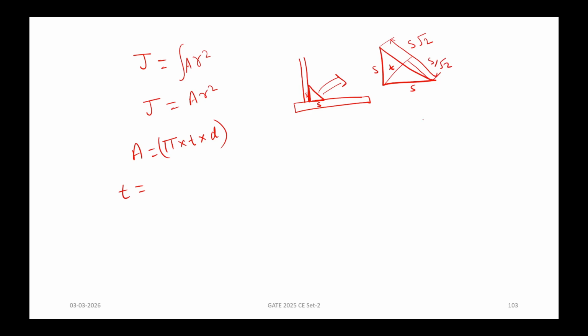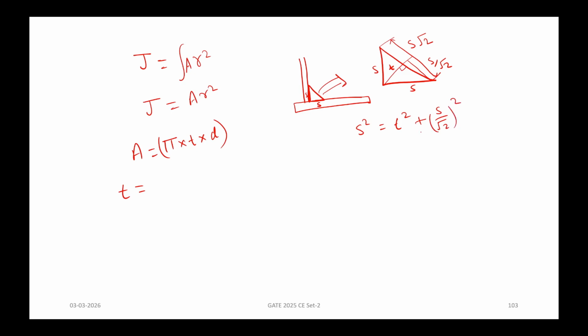For calculation of t, this is the 90 degree angle, so S square is equal to t square plus S by root 2 whole square.